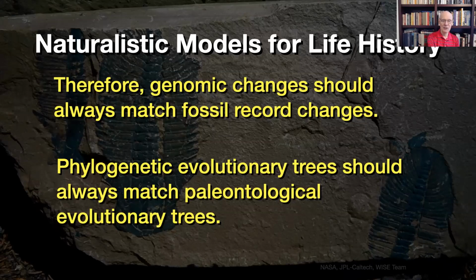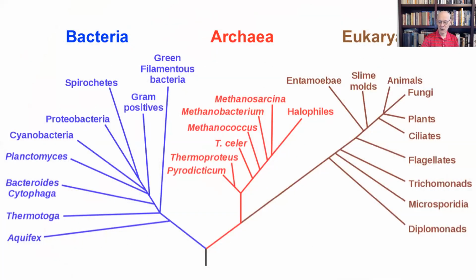So for example, this next slide shows you what you would call a paleontological tree, where it basically shows how you start with this microbial life form, and it begins to split into different species of microbes.